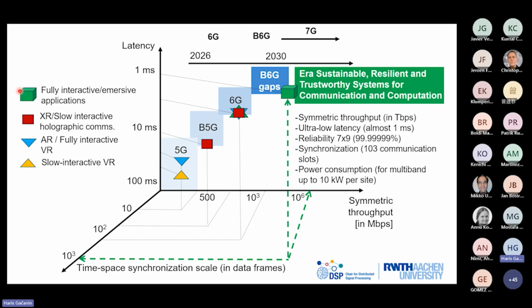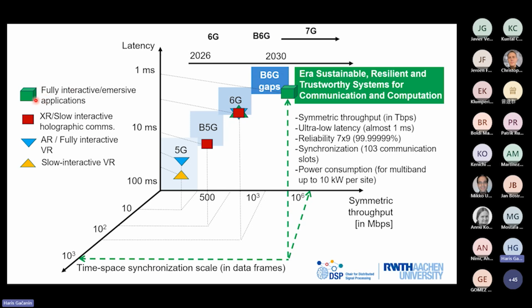Let's see how that looks from the perspective of a 3D graph with respect to symmetric throughput, synchronization challenges, and latency. These are the three aspects that I see as quite important for the next step, because on one side we are talking about thousands of signaling frames that need to be synchronized simultaneously if we want to enable fully interactive and immersive applications.